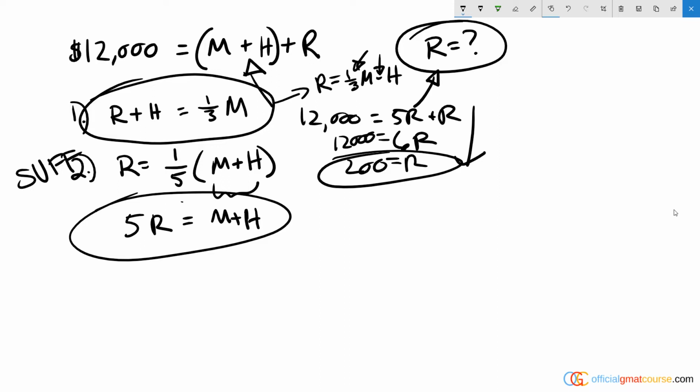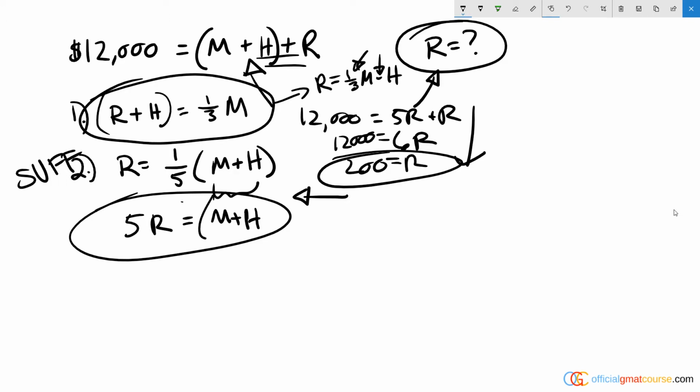This is not going to be something that I can plug in and get a usable piece of information out of. I could solve for M in this case because I have R plus H, but solving for M still leaves R plus H on its own, and there's nothing I can do to decipher those two independent of each other. In the same way that in statement 2, I can never solve anything about M or H.